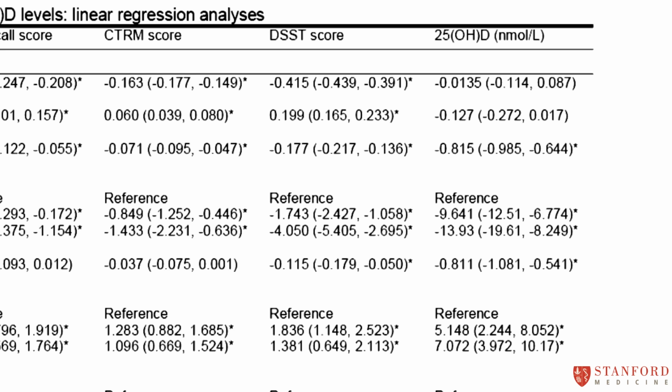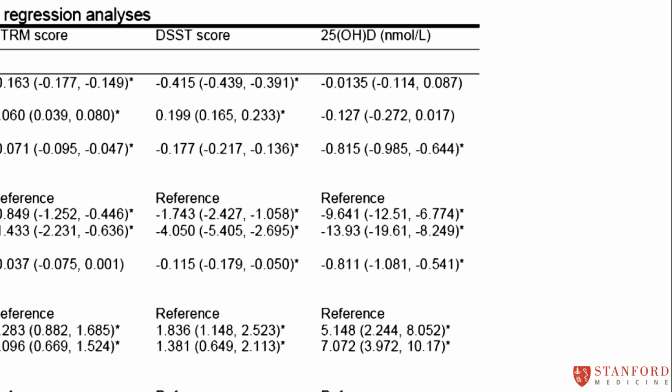And we also get a series of models which use vitamin D as the outcome variable. Because remember, to be a confounder, you have to be related both to the predictor variable and to the outcome variable. So we're trying to assess which of these third variables is related to both cognitive function and vitamin D, and thus might be confounding that relationship.